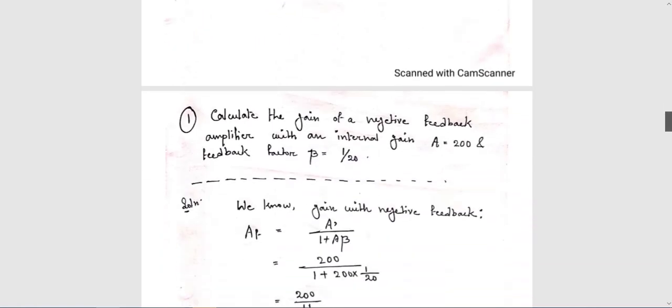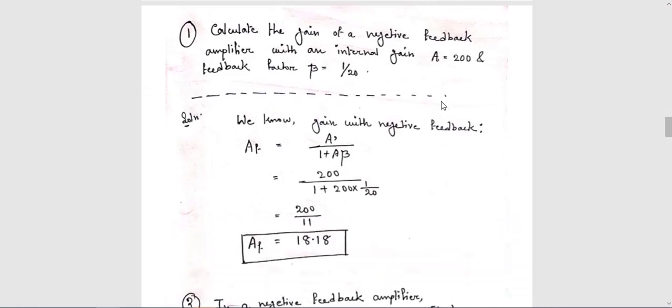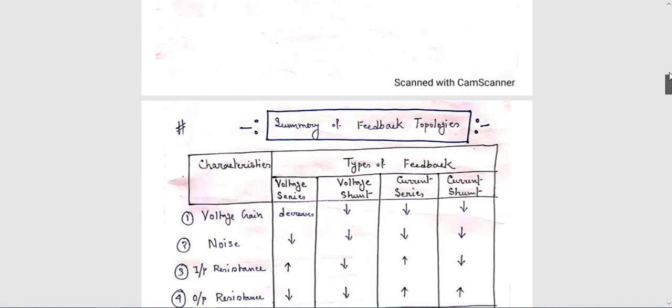Next, I will discuss some numerical problems related to this feedback amplifier. See the first question: calculate the gain of a negative feedback amplifier with an internal gain 200 and feedback ratio beta equal to 1 by 20. In the question, beta is called the feedback factor.